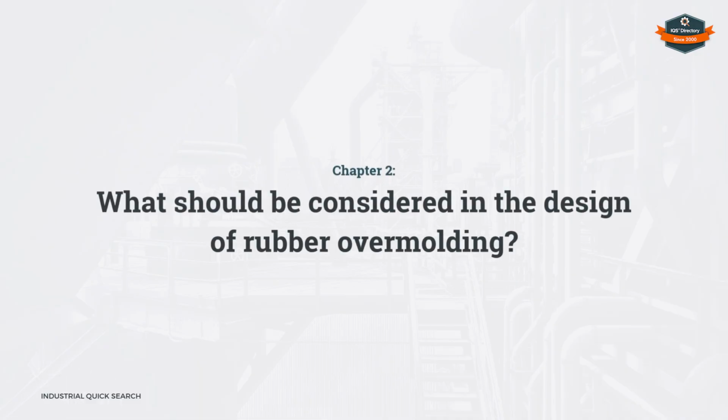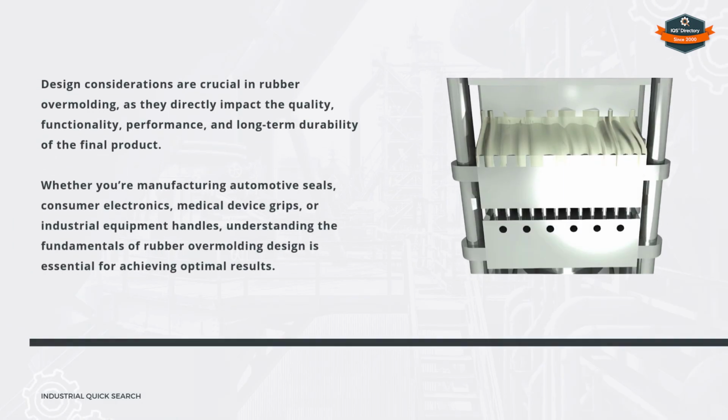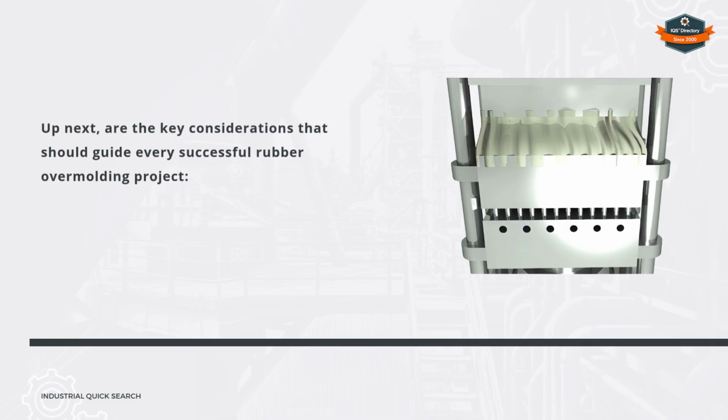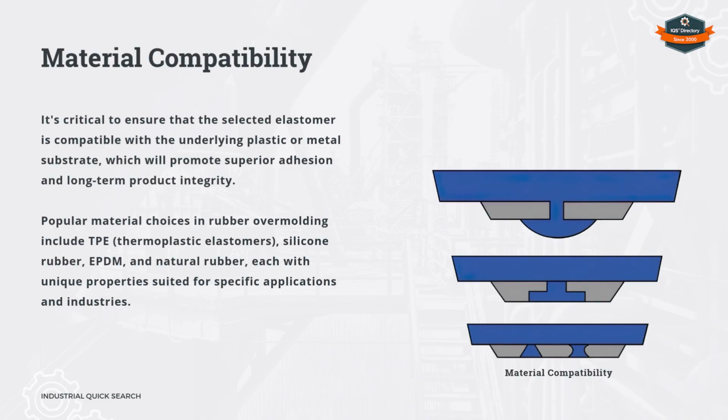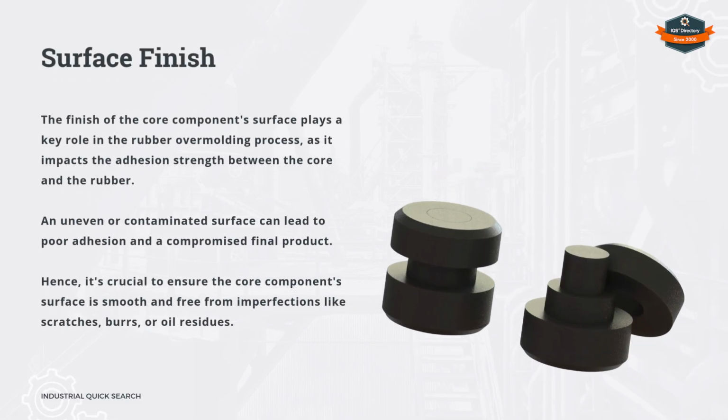Chapter 2. What should be considered in the design of rubber overmolding? Material compatibility. Surface finish.